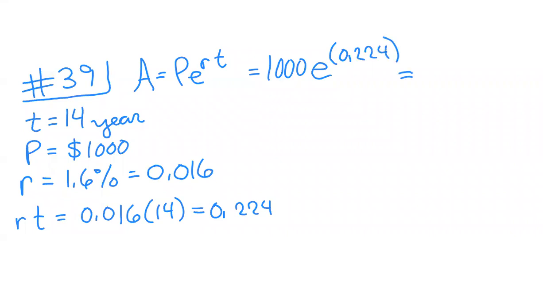When I stick this in the calculator, I type in e raised to the power of 0.224, hit enter, then multiply by 1,000. I get the value in dollars, $1,251.07.